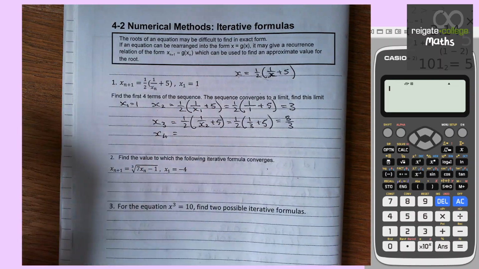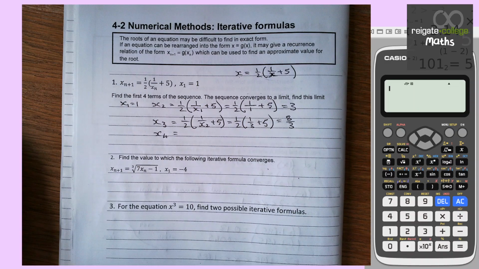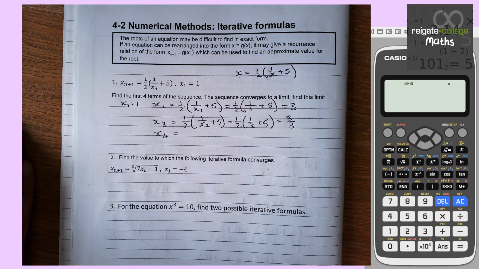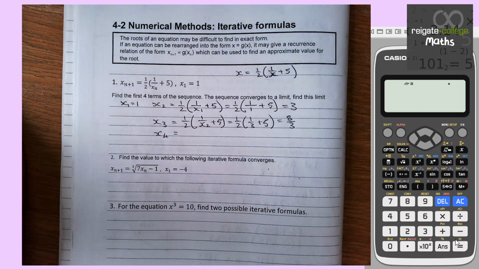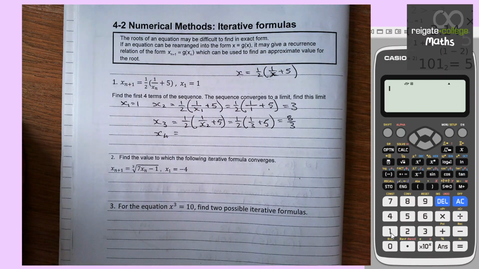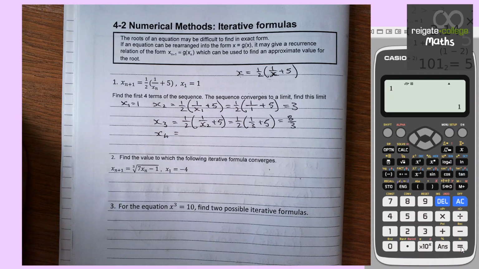So let's see how to do this on the calculator. I'm going to switch to the calculator now. And what we're going to do is start off by putting in our initial estimate. So we're going to say 1, and press equals. That's our x1. Now we're going to put in the formula using this answer button.